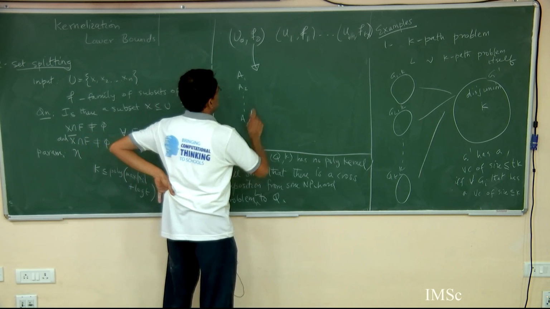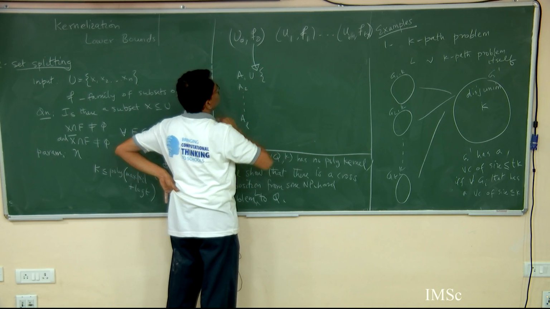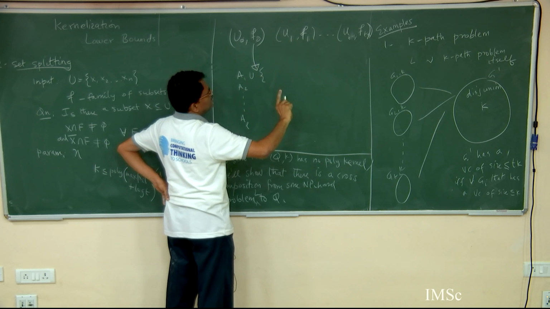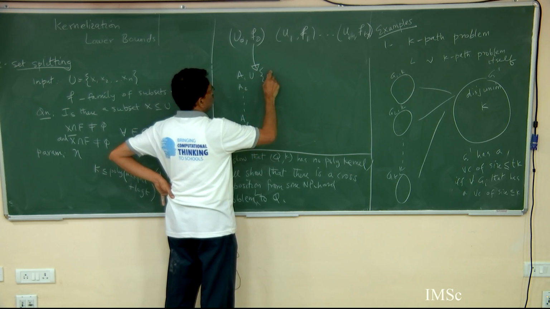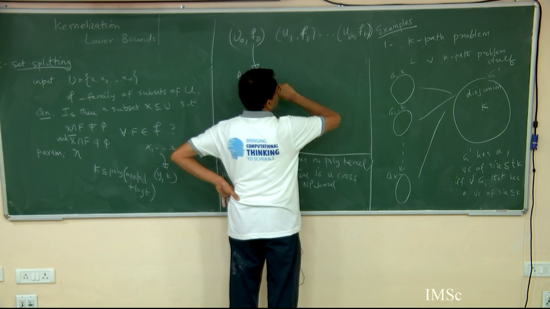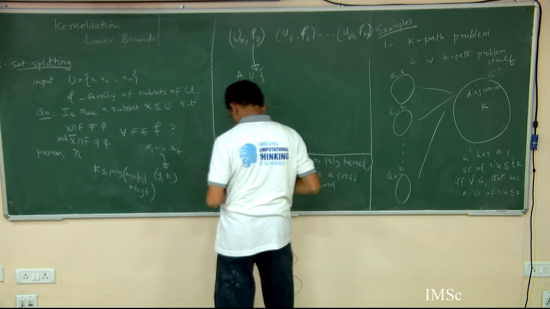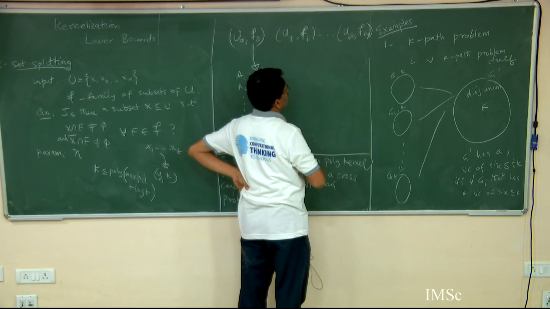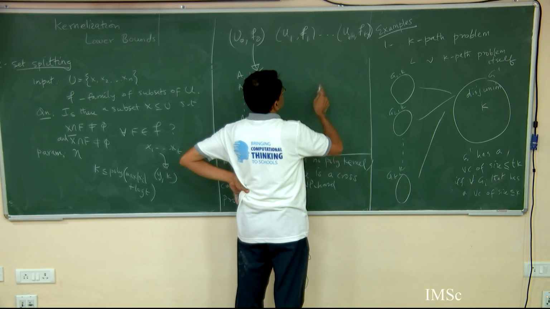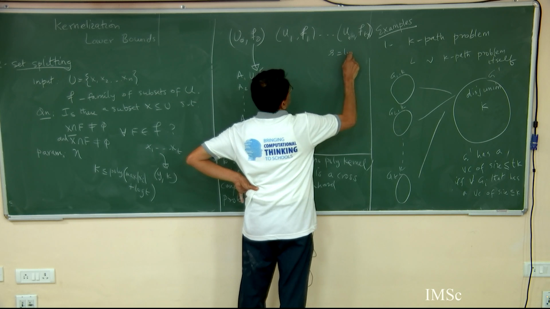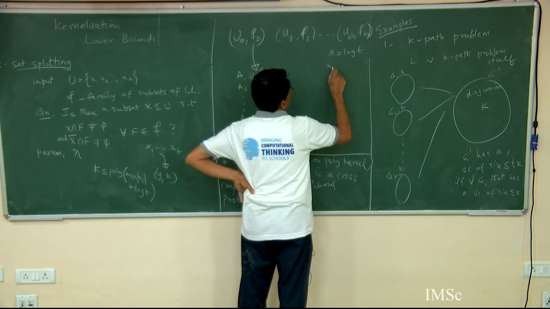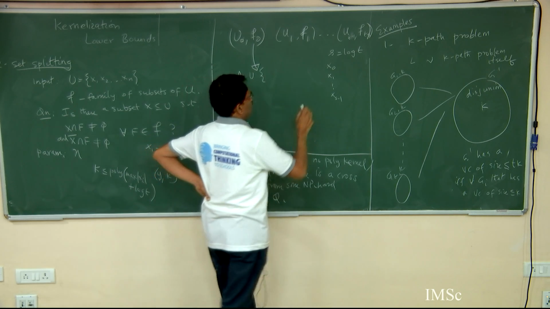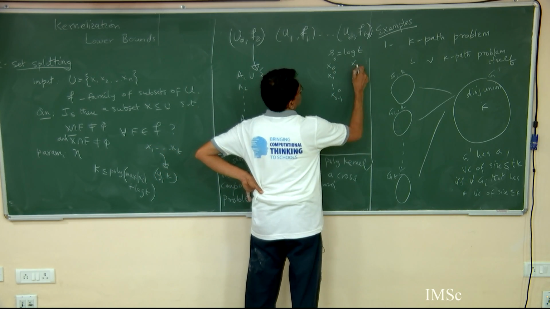What I am going to do is add log t many new variables, and my encoding is going to be, so let s be log t, and I am going to write x0, x1, up to x s minus 1, and x0 0, and then x0 1, x1 1.